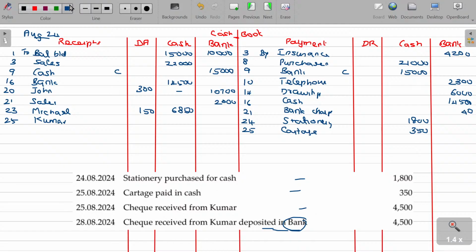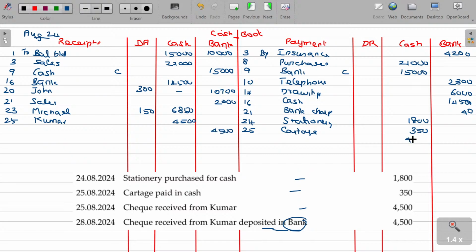So, though I received the check and did not deposit it immediately, I assume this is a part of cash because the check is in the cash box. 4,500. 3 days later on 28, that check is deposited into the bank. By the time this goes to the bank and this goes out of our cash.